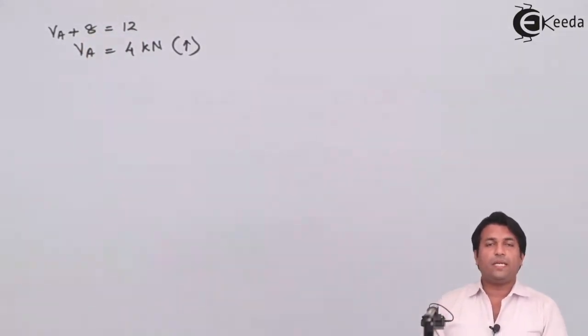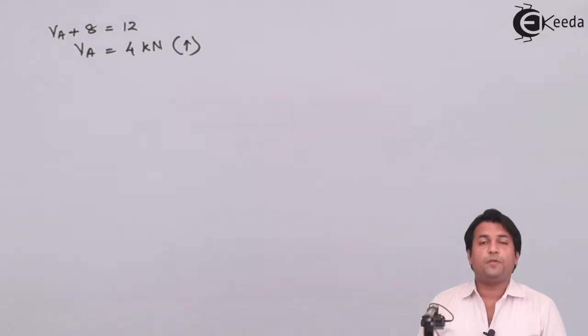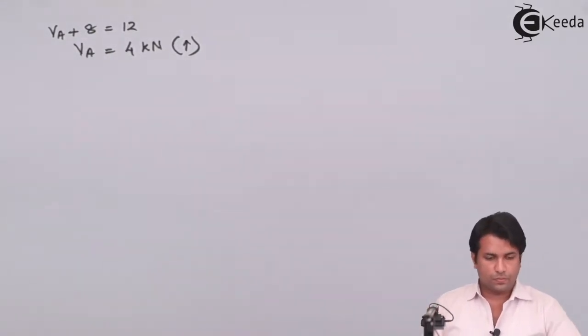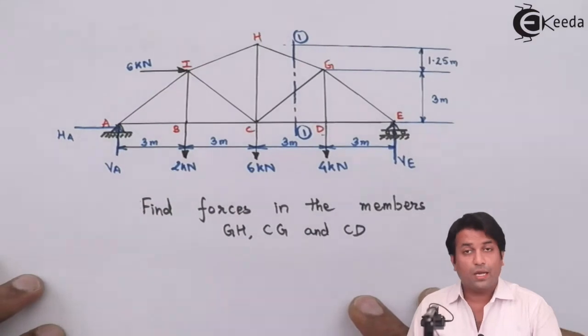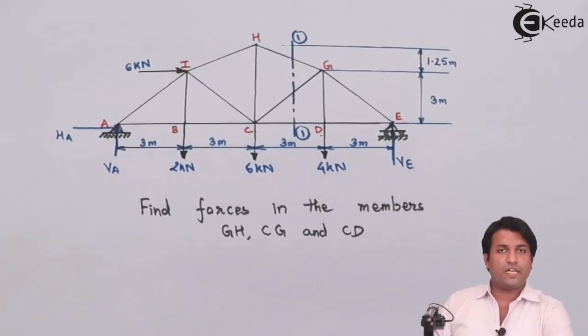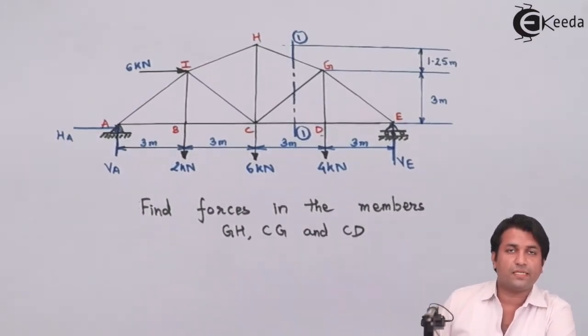Now I can see that the vertical reaction at A happens to be 4 kilonewtons, acting upwards. Now I'm done with two steps, the regular steps that we usually do in solving truss examples.